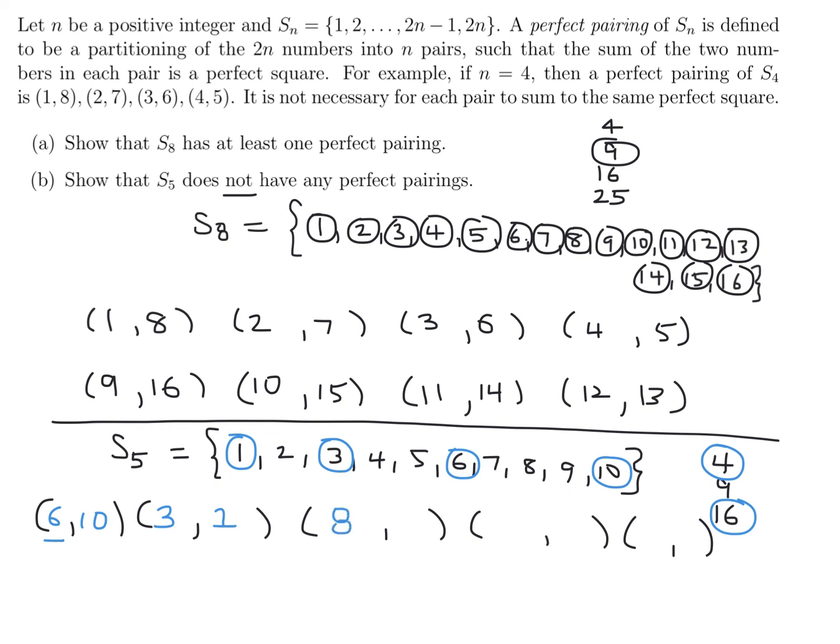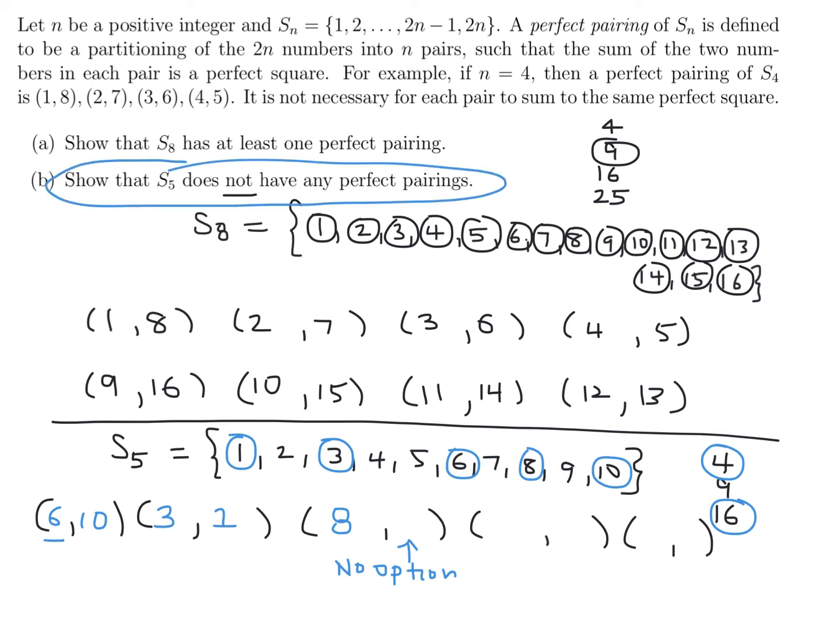Well, I need a 1 to make a 9, but the 1's already taken. And I would need an 8 to make a 16, and I can't because I already have the 8 here. I can't use 8 twice. So here there's no option. So we're stuck. So since there's no option, I hope this shows that S5 does not have any perfect pairings.